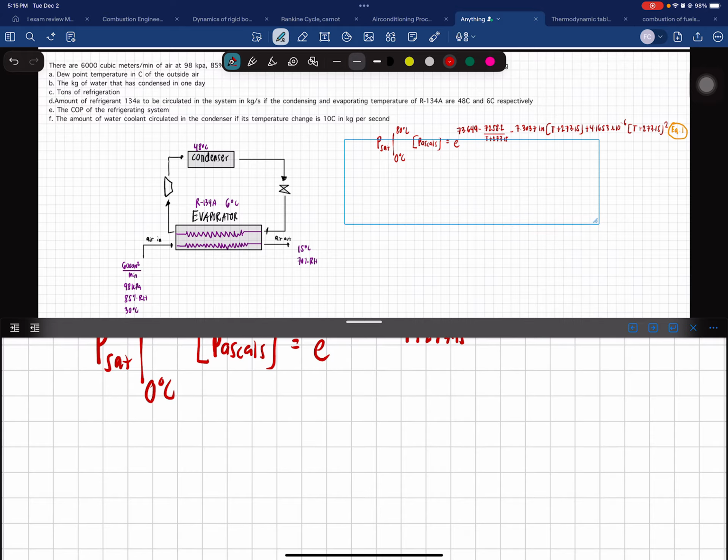What else do we need? We need the relative humidity equation, where simply it is a ratio of your vapor pressure over your saturated pressure. Let's name this our equation 2.